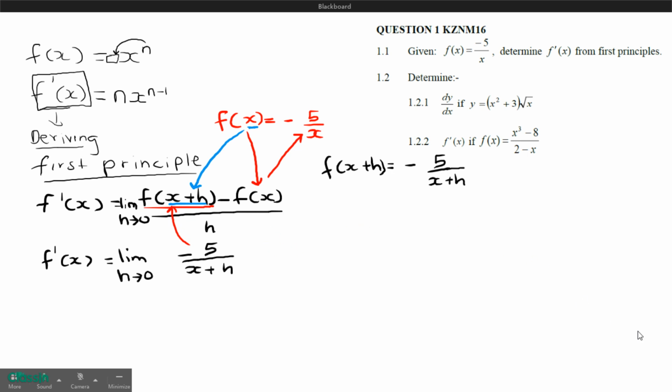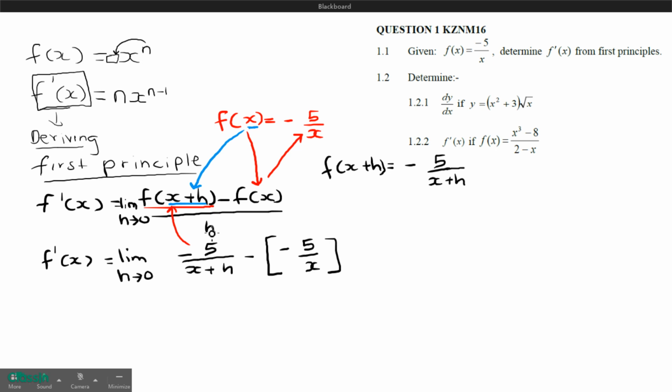Now here we also have a negative. We were given f of x as negative 5 over x. So we must write it as it is, but remember to put brackets. It's negative 5 over x.